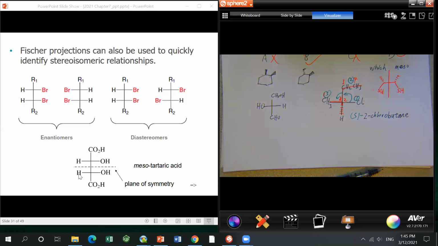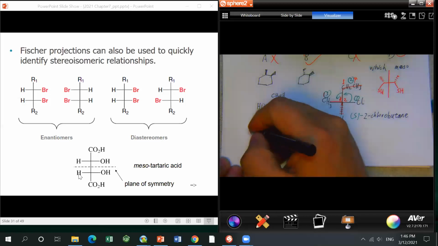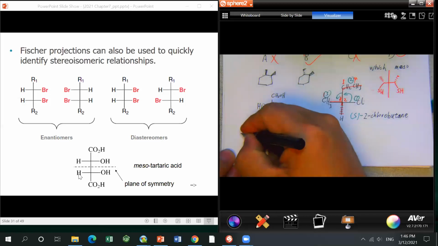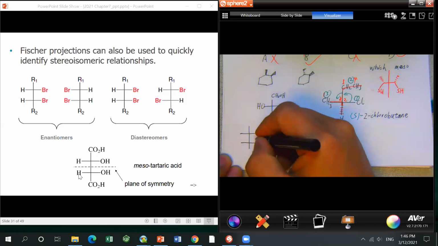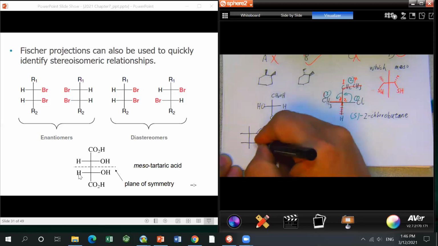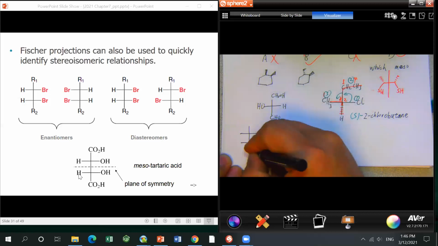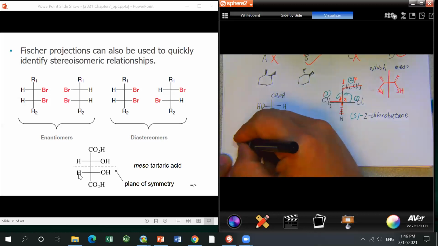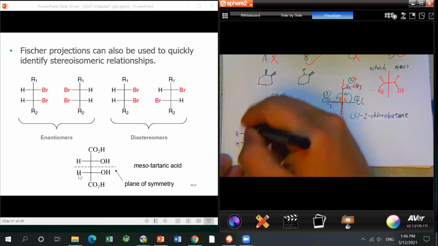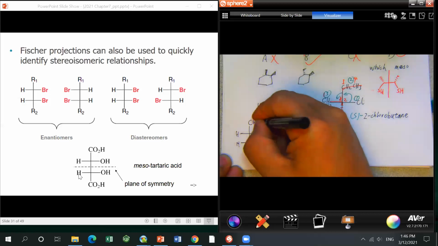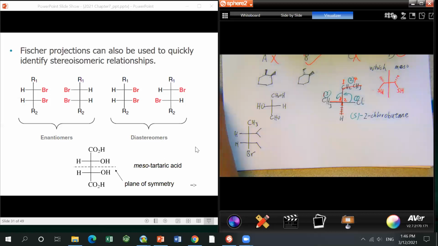So that's how you name this compound. And then I will give you one homework. You don't need to do it now, just copy it.